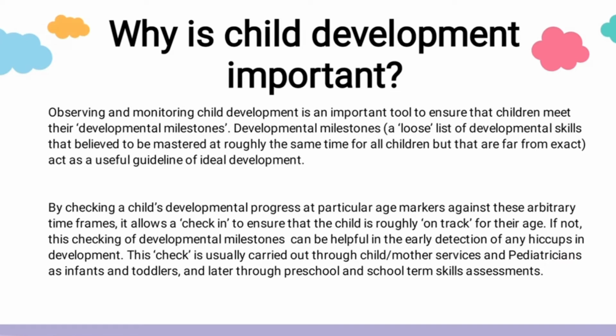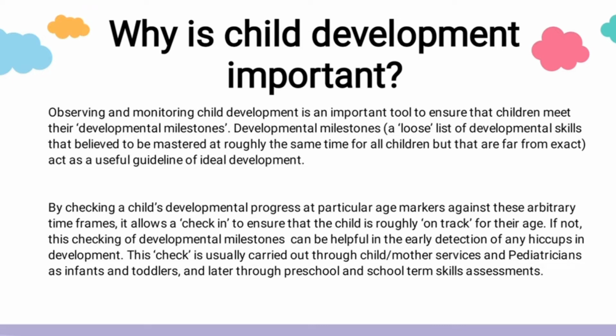So why is child development important? Observing and monitoring child development is an important tool to ensure that children meet their developmental milestones. Developmental milestones act as a useful guideline of ideal development. By checking a child's developmental progress at a particular age, marked against these arbitrary timeframes, it allows a check-in to ensure that the child is roughly on track for their age.